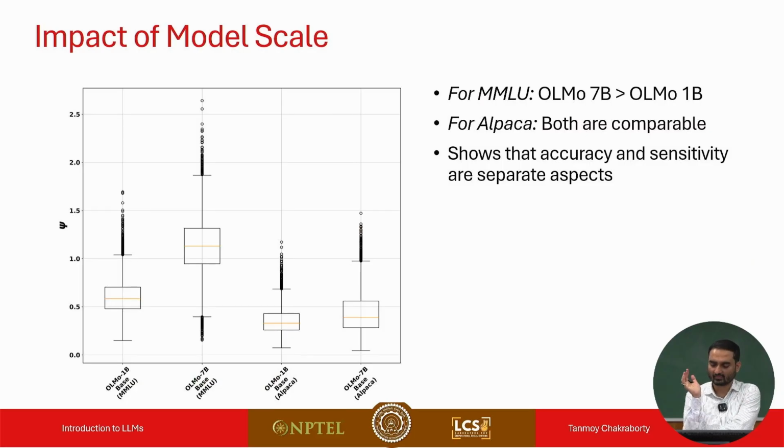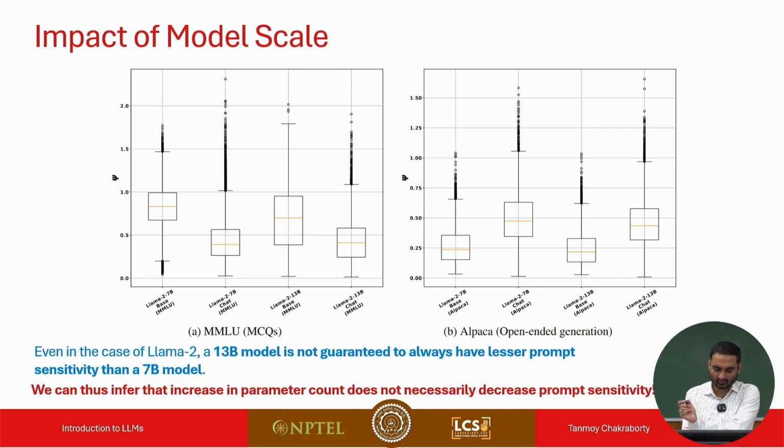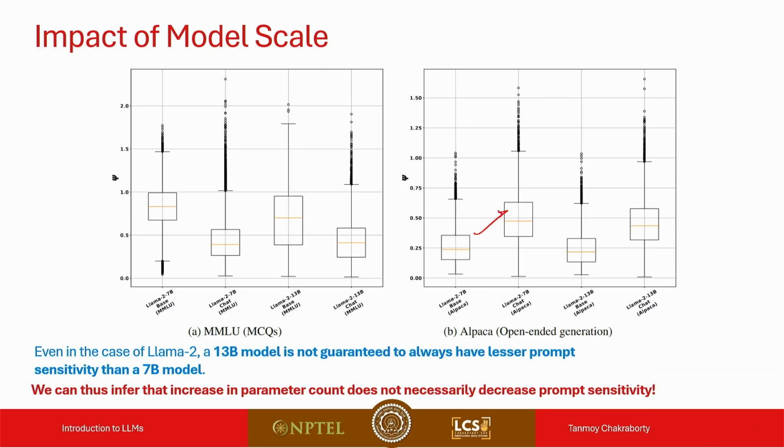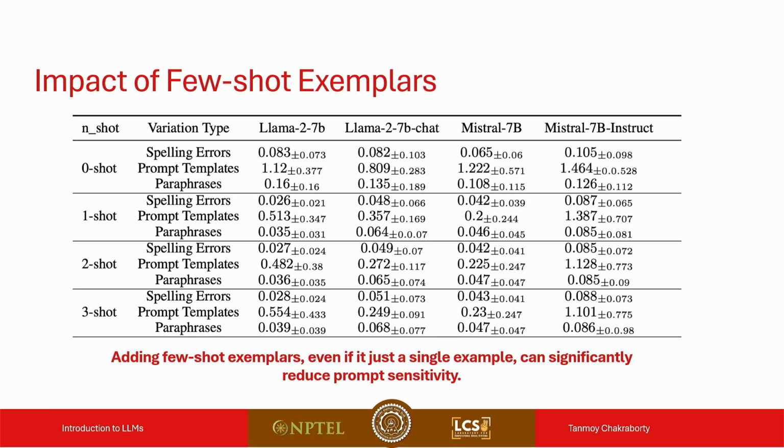I'm not going into details of this, but the bottom line is that there is no clear-cut evidence that with the increasing size of the model the sensitivity increases or not. In fact, we have seen certain cases, base versus chat, there is no guarantee that a chat model, an instruction fine-tuned model, will be less sensitive.